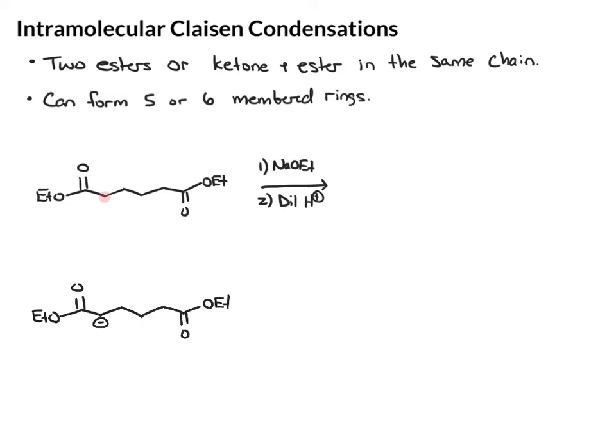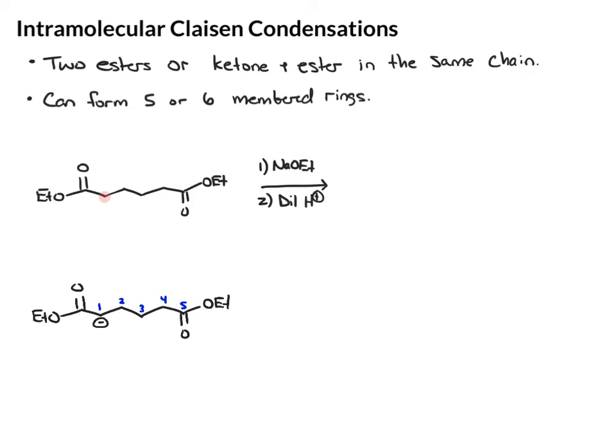And with these intramolecular cases, I find it's always easiest to number, and just number the atoms involved in the reaction to form the ring. So I'll start at the carbon with the negative charge and number out to the ester that we're reacting with.